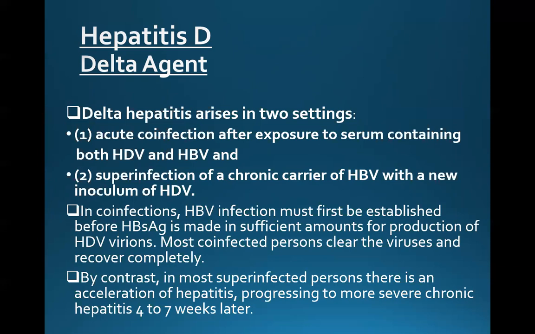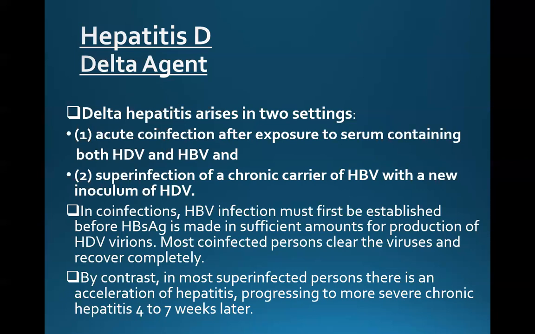One of the ways the virus can be transmitted is IV drug abuse, sexual contacts, blood transfusion, which is very remote, as we have talked. But let's say somehow this patient was exposed to someone who has both hepatitis B and hepatitis Delta viruses in their blood. So this is what you call co-infection.